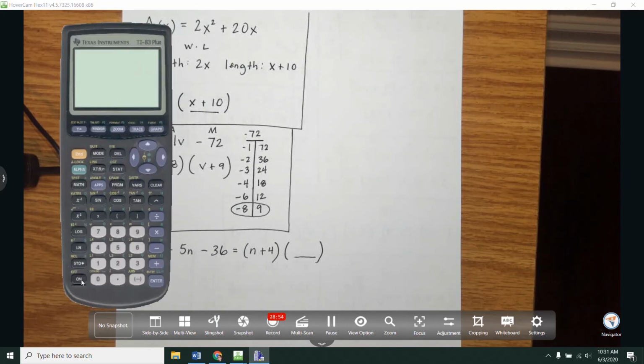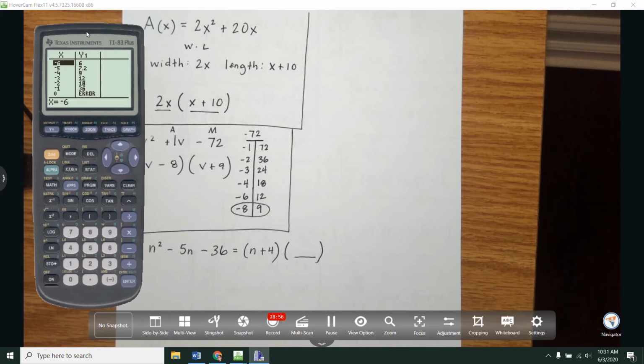Let's do that, and let's pull up what multiplies to give us that negative 36. So let's go back to our y equals. We already have negative 36 in. We'll do second graph. And we're looking for something with 4, so let's go find positive 4, and we'll find its counterpart. That easy. And we know it's negative 9.